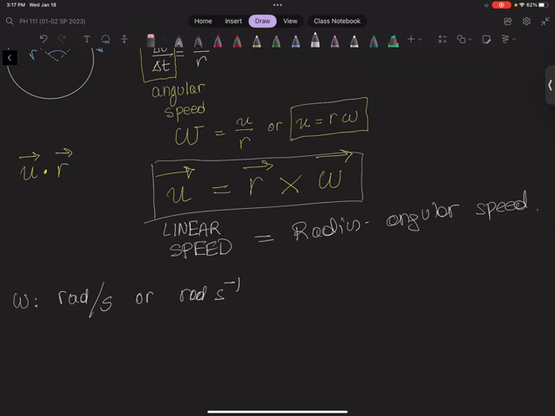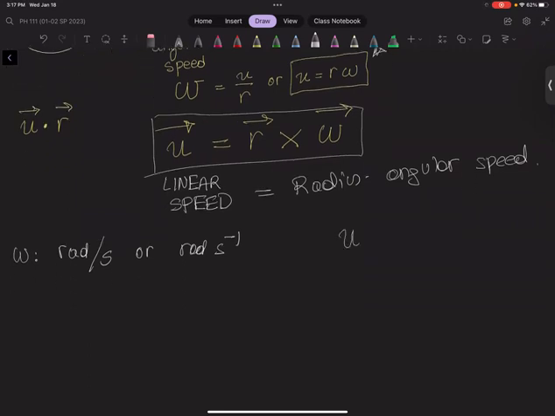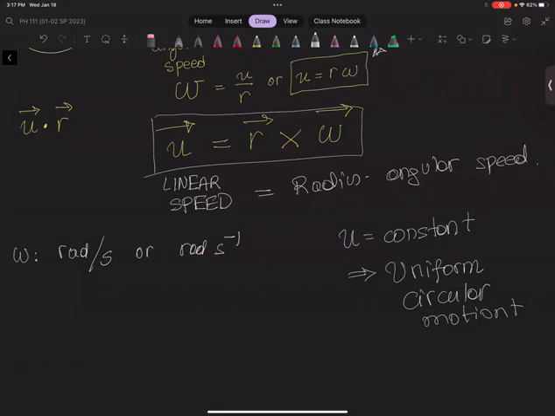Now we said that we derived this when U, the linear speed, is constant. When linear speed is constant, we call this uniform circular motion. And the question that I have for you is, do we use this expression only for uniform circular motion?